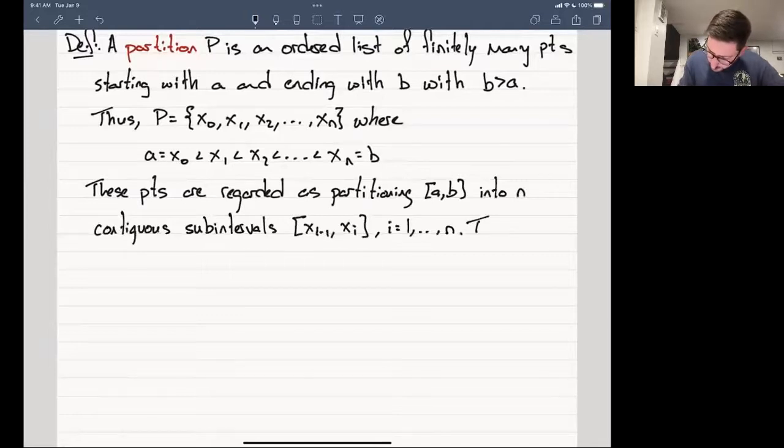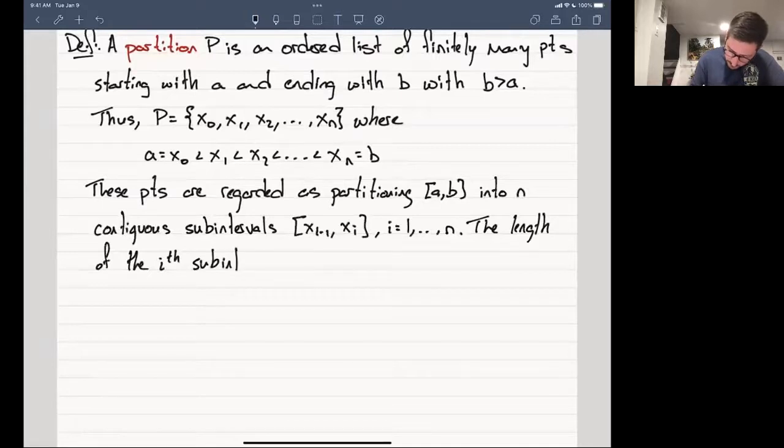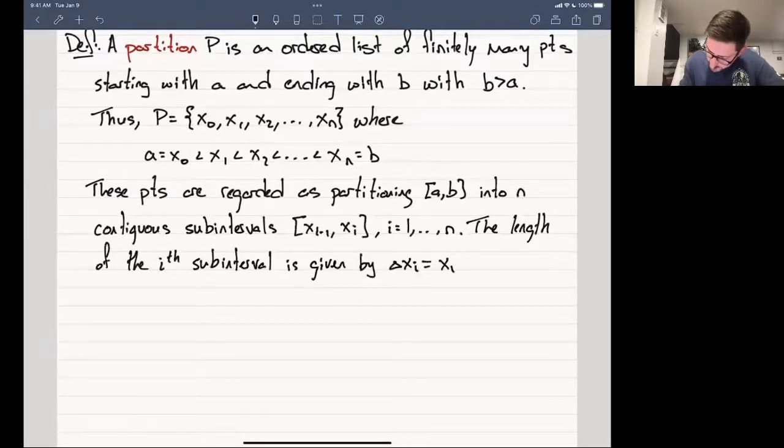And the length of the ith subinterval is given by, well, we call this delta x_i, which is just the distance from x_i to x_{i-1}.